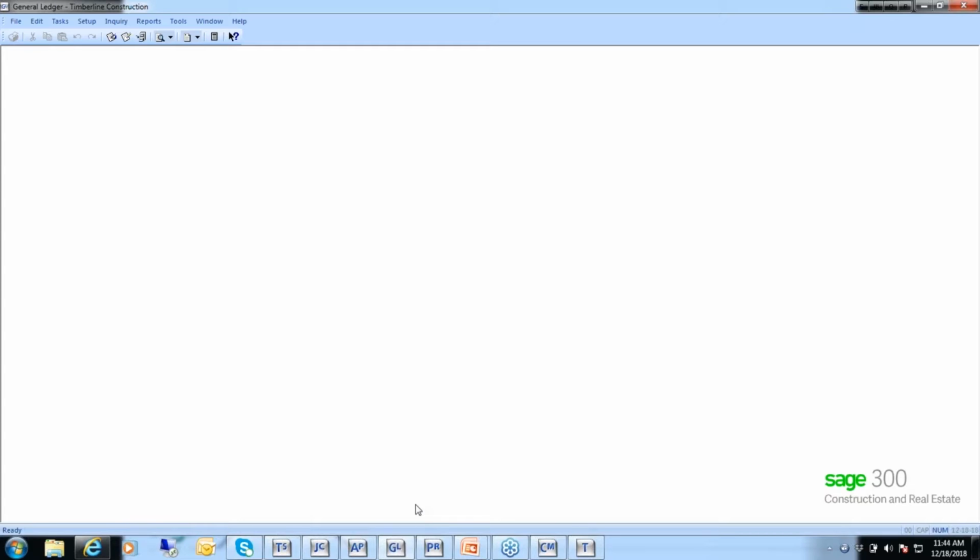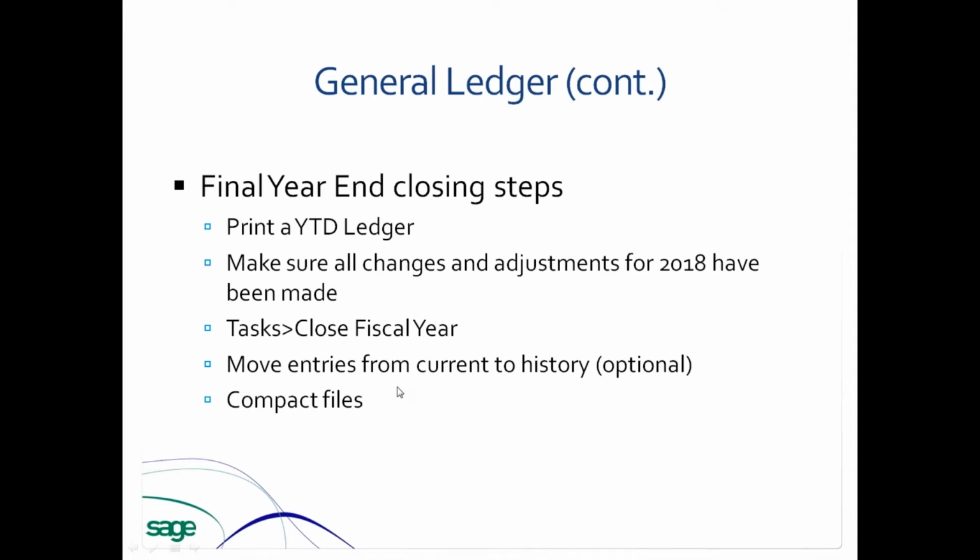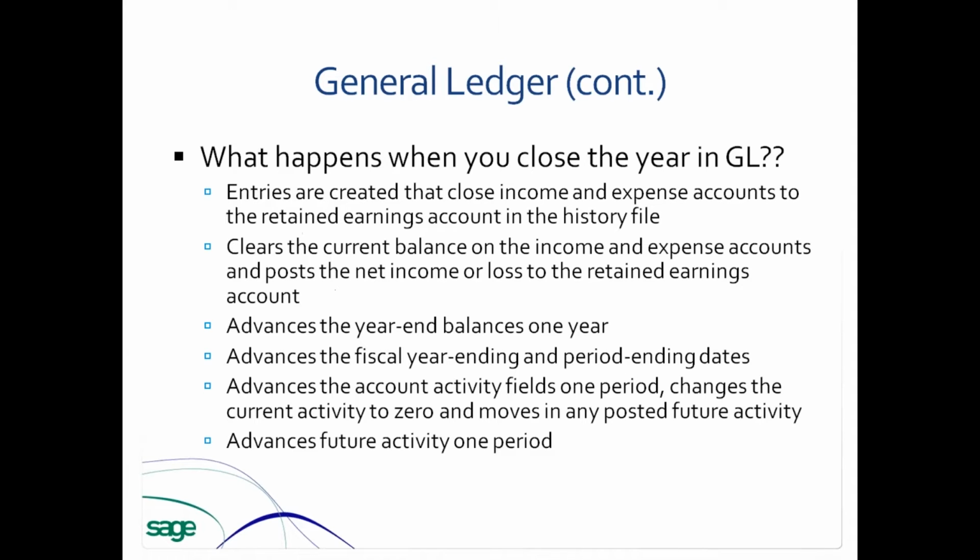All right, so after you close the year, and again, I would run this in the same time frame that you close the month, because you can go 6 months into the future with general ledger, the problem is you can't run future financial statements or current ledgers.